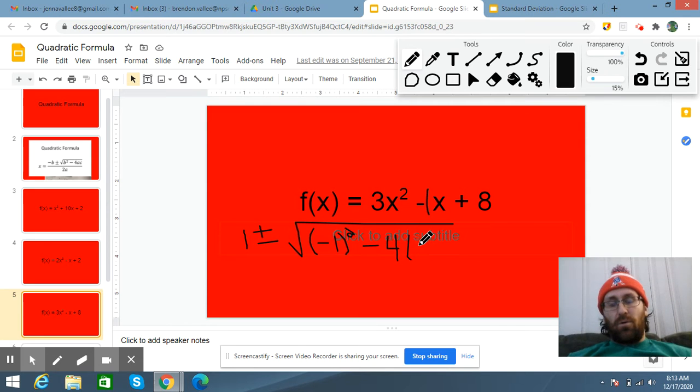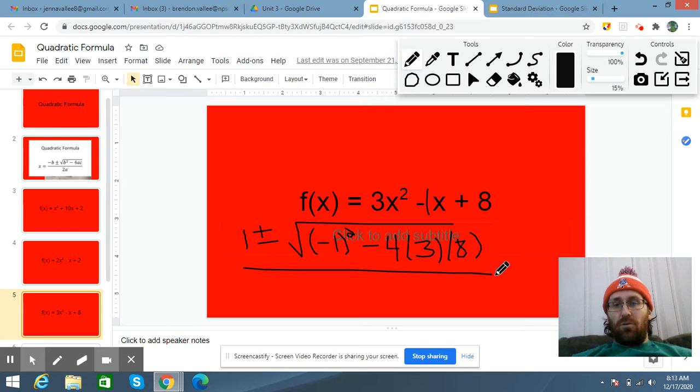So 4 always, it's always 4, but a is 3, and b is 8. And then it's all over 2a. So 2 times 3. Okay, so that's 1 minus 4 times 3 times 8.